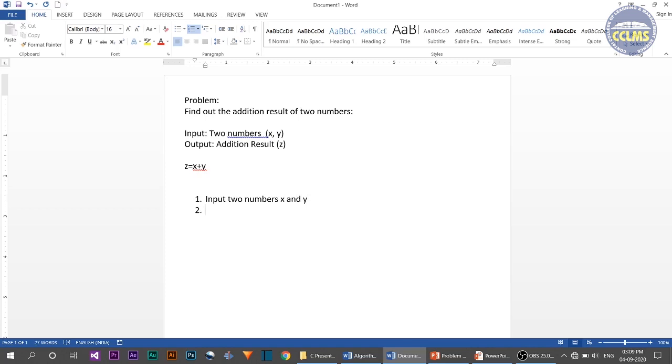After that we find the addition result using the formula x plus y, and as we are storing the result inside z, which is our output, z equal to x plus y. Then we can print the value of z to display the output. In this way we can analyze the problem and find the solution. It is very necessary before programming, so that we can understand the logic of the program.